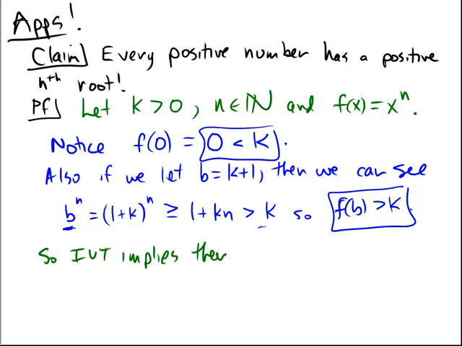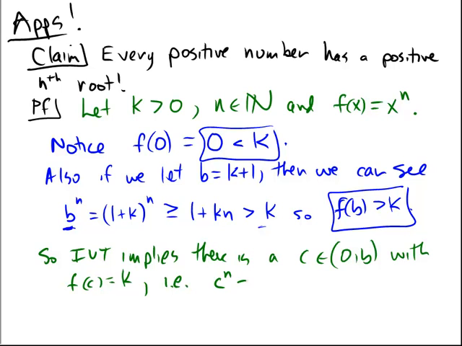There is a c in the interval from 0 to b such that f of c is equal to k. In other words, c to the power of n would be equal to k, and that c is an nth root of k.